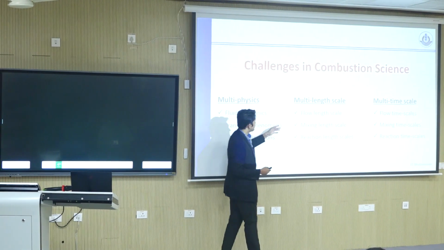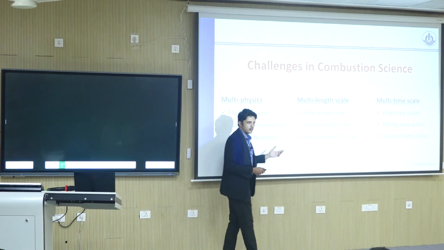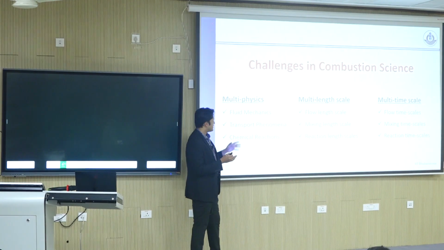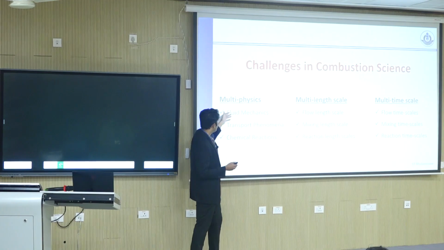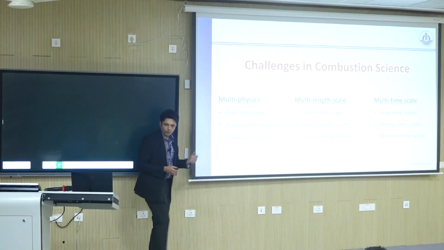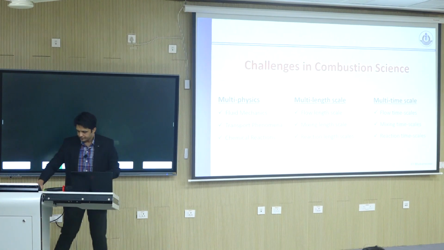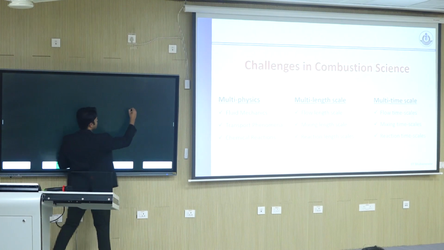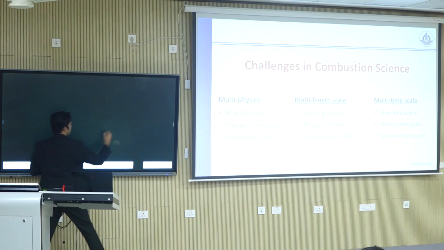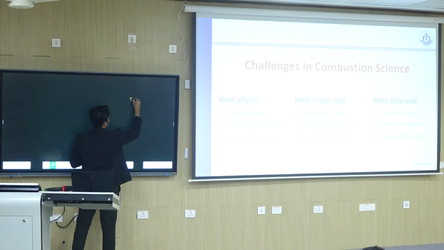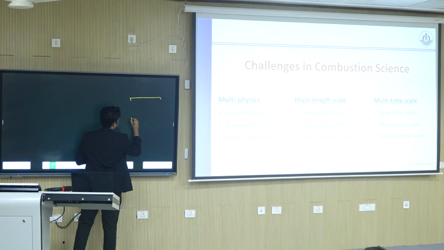The second aspect is that these are multi scale, right? The length scales at which these phenomena occur are different. What do you mean by that? When we say fluid mechanics or flow of fuel air mixture, imagine this is our test area.